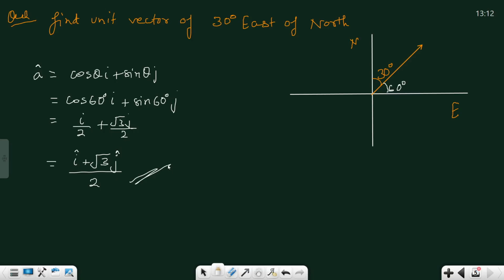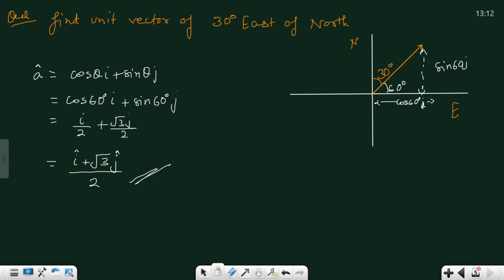Is it clear? Yes sir, I didn't understand. Can you please explain this again? Beta, this is 30 degrees, so this will be 90 minus 30, that will be 60 degrees. So this unit vector will be sin 60 degrees j, and this will be cos 60 degrees i.